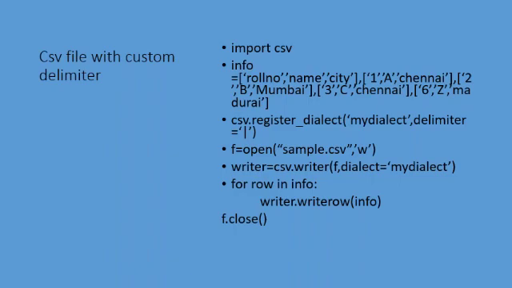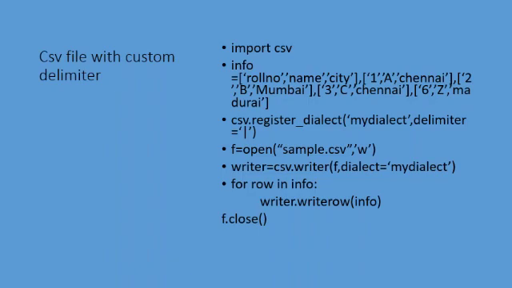Data. Next, custom delimiter. Here, a simple thing, I am going to use the pipe symbol. That's all. So csv.register_dialect, my dialect is my formatting file name, comma, delimiter equal to pipe symbol. In this part, custom delimiter, I am giving it as pipe symbol. Next, f is equal to open sample.csv in write mode.